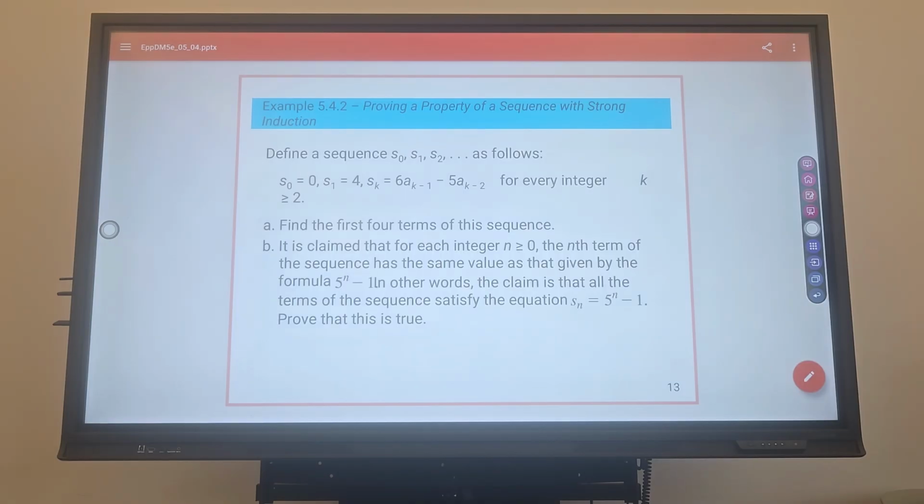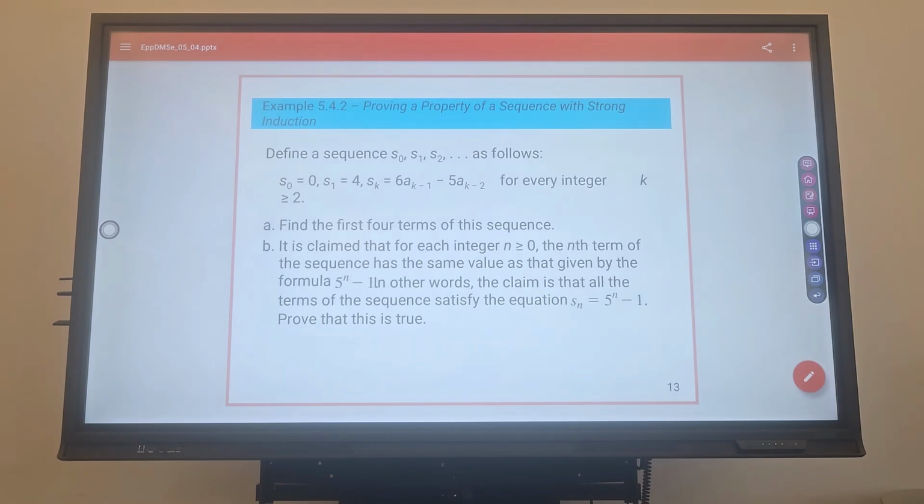Define a sequence S as follows. S sub 0 is 0, S sub 1 is 4, S sub k is 6 S sub k minus 1 minus 5 S sub k minus 2 for every integer k greater than or equal to 2. Find the first 4 terms of the sequence.